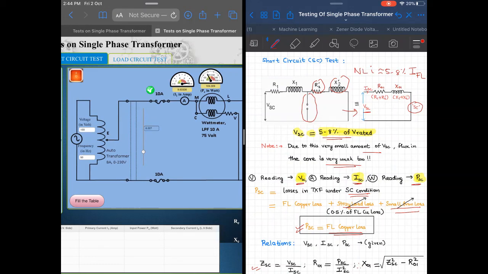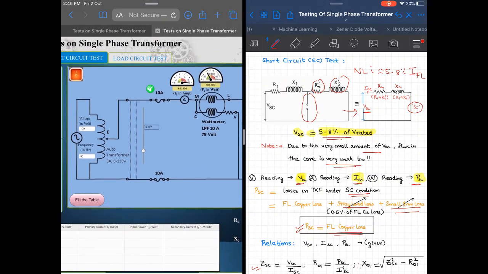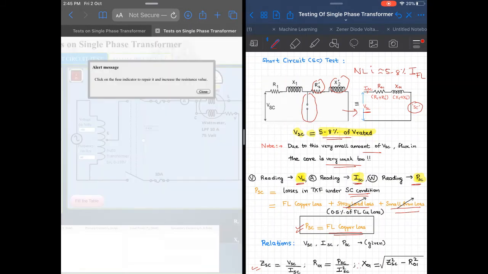10 ampere. So if we keep the marker such that the input voltage is higher than this, then the rated current would exceed 10 ampere and the circuit won't work. There is an alert message to repair the fuse.